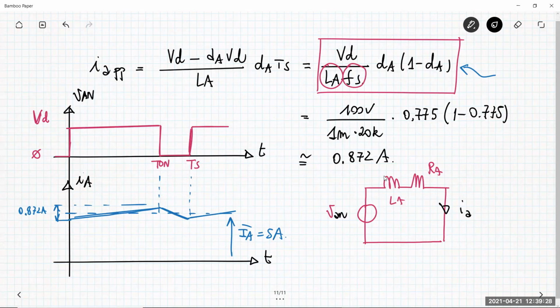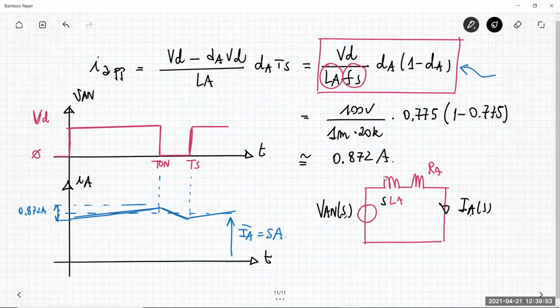Just consider the Laplace domain circuit. So let me consider Laplace variables. So VAN(s), the current is IA(s), and then we have sLA. Okay? Just for the purpose of defining the transfer function, it is a linear circuit.